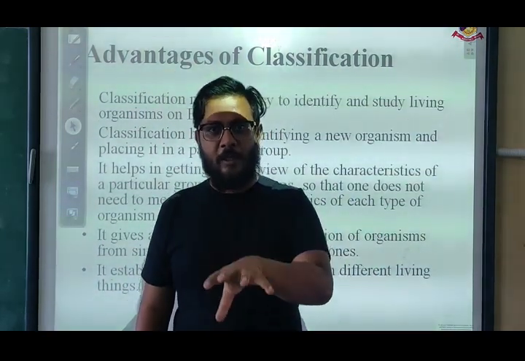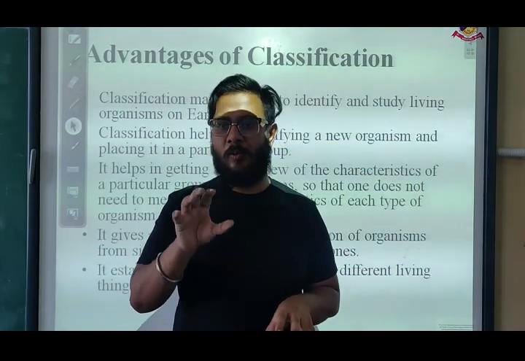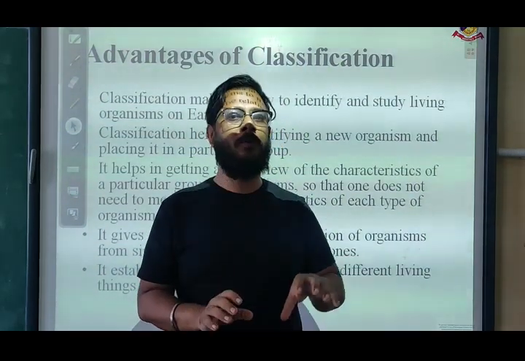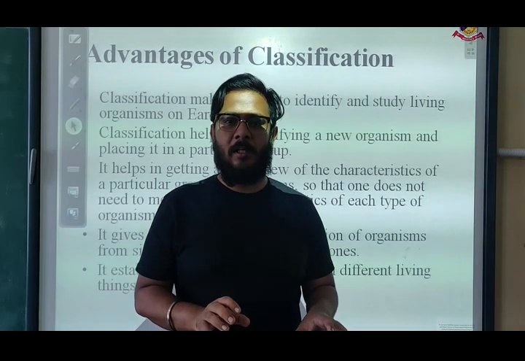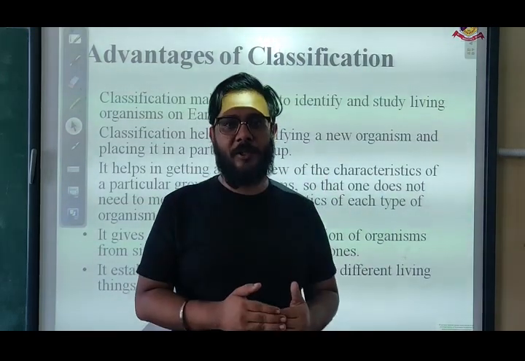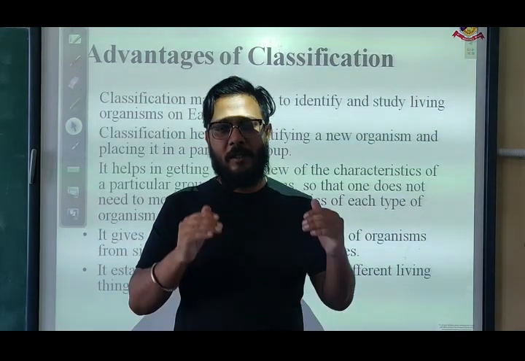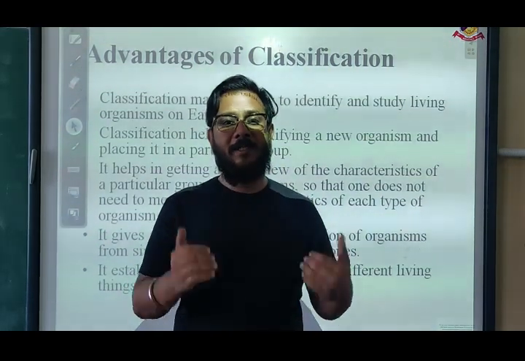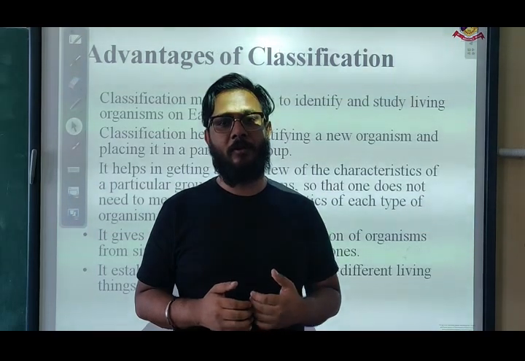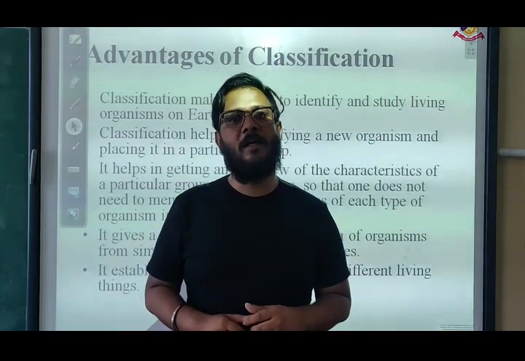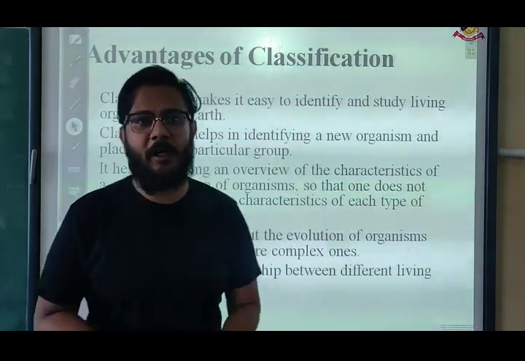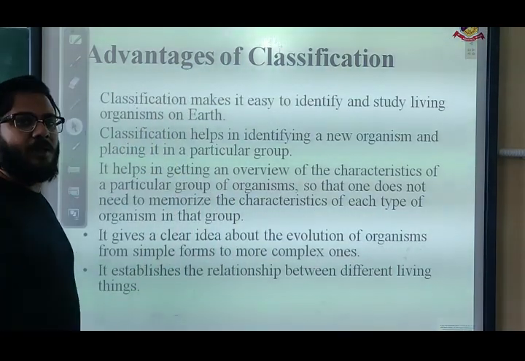So, I also talked about how reptiles have some characteristics similar to amphibians. Okay, so this connection between two different groups of animals can be made and easily explained because of classification. These are the advantages of classification.